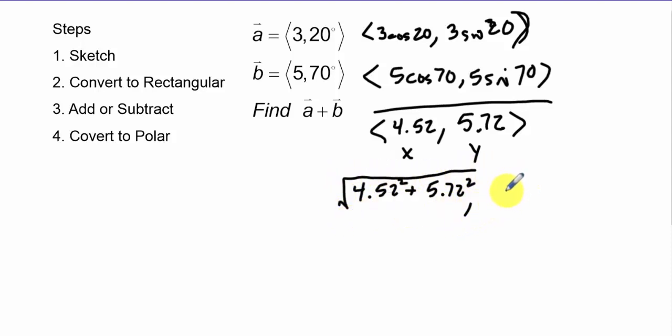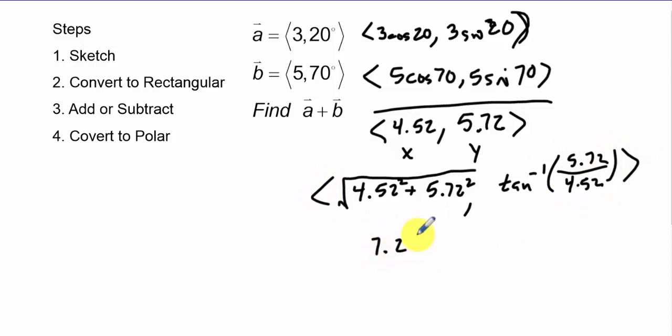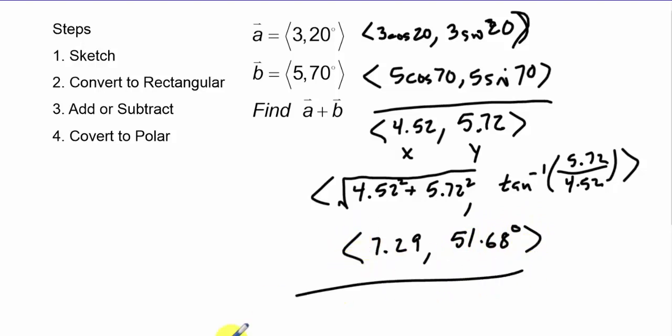Then if I take my inverse tangent of the y over the x, I'm going to get my theta value. And in this case, we end up with an r value of roughly 7.29 and an angle of roughly 51.68 degrees. And that's all there is to it.